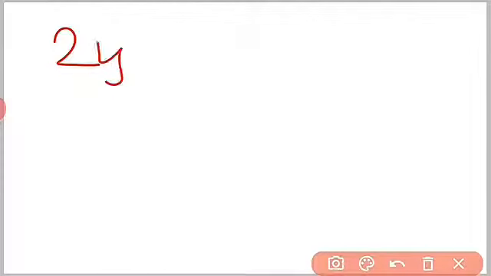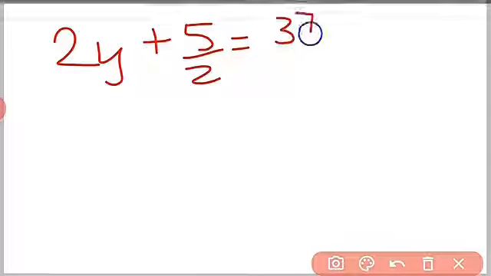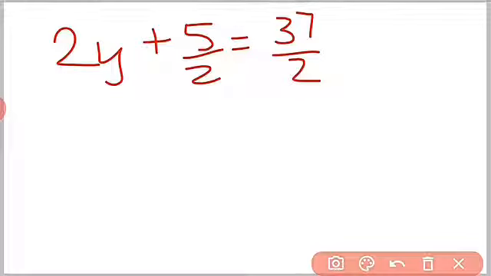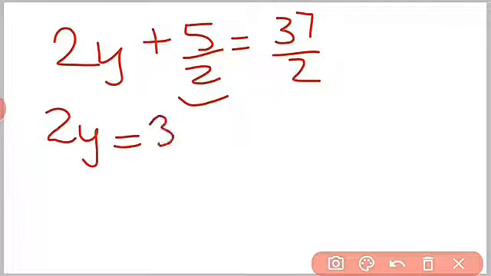We know that to solve an equation we need to separate the variable, that is, there should be the variable only on one side of the equality sign. So let's start. First we will transpose this 5 by 2 from LHS to RHS. On transposing, this plus sign will become negative.